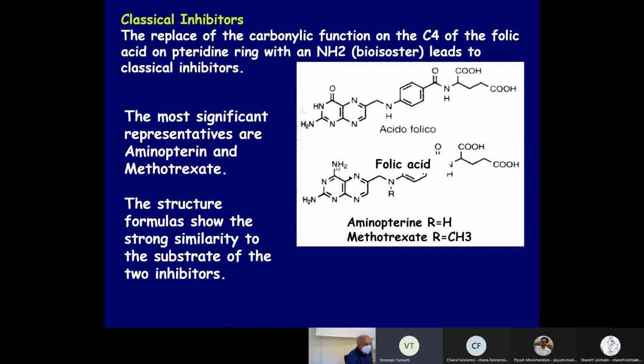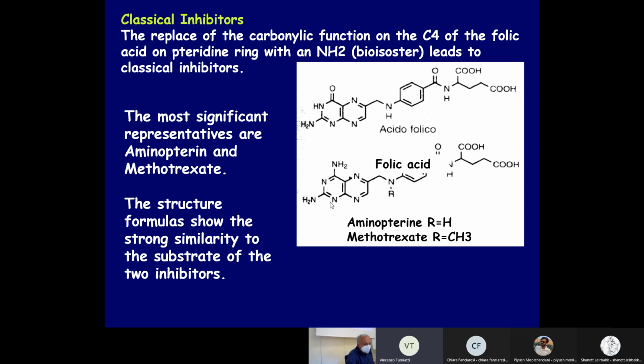But you know the electronic properties of an amino group, and they are very different from those of an oxygen, because an amino group has a lone pair that can be shared, delocalized on this aromatic ring.